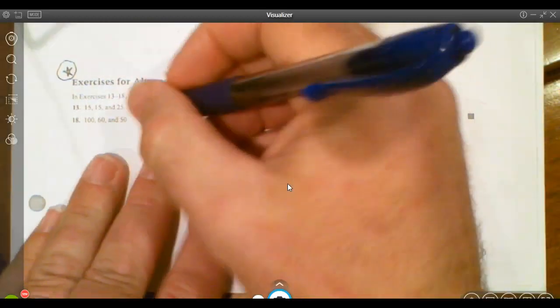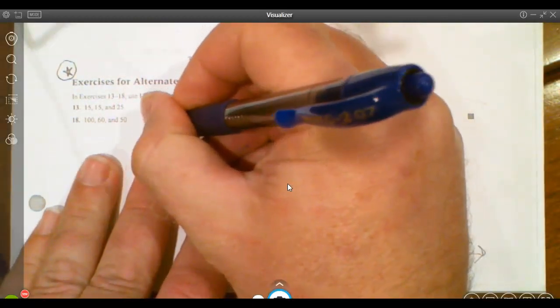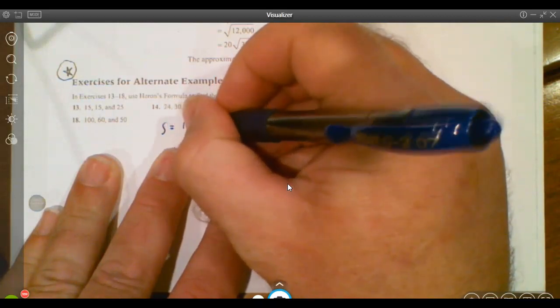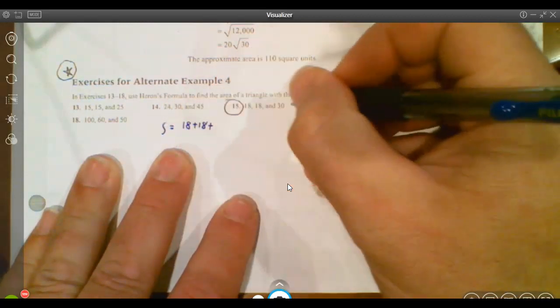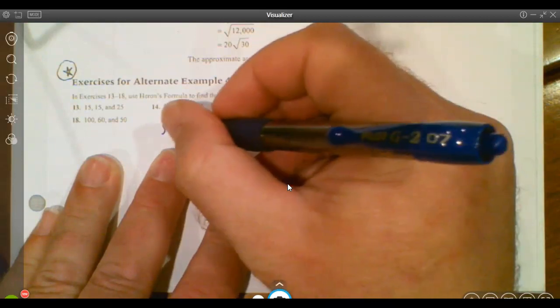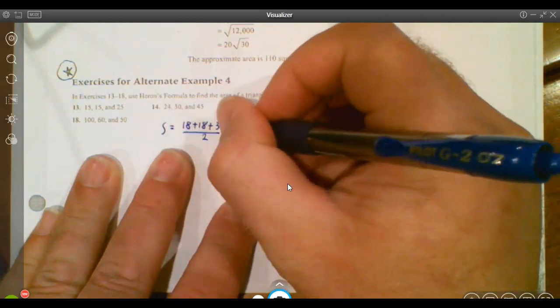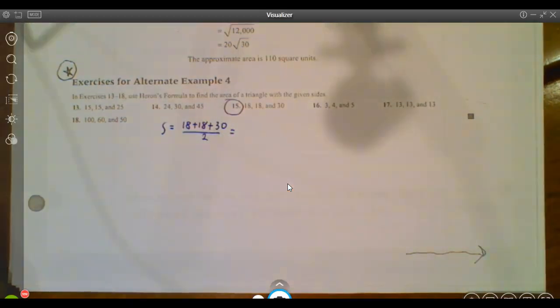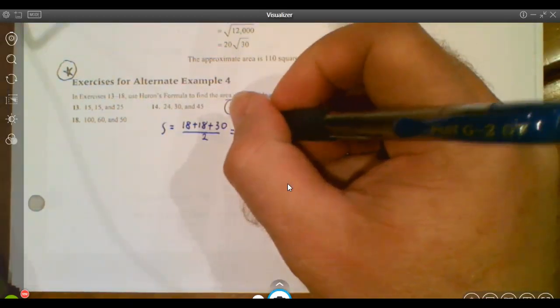So again, I'm going to find my semi-perimeter, my value for S, by adding up the three sides. Which is going to look like that. See if we can do that in our head real quick. So 36 plus 30 would be 66. Divided by 2 is going to be 33.